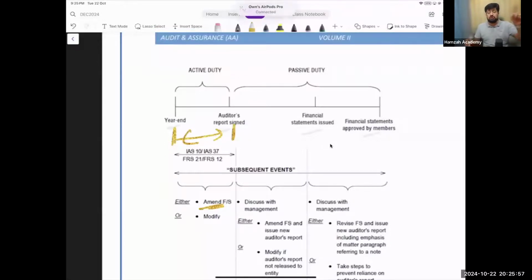If management does not amend the financial statements, because they're adjusting, modify the audit opinion accordingly, because it is a misstatement, maybe material, maybe pervasive.